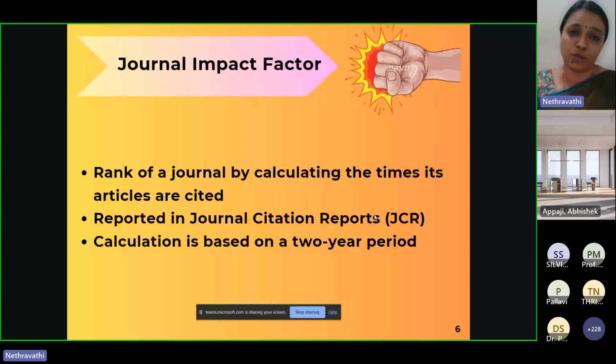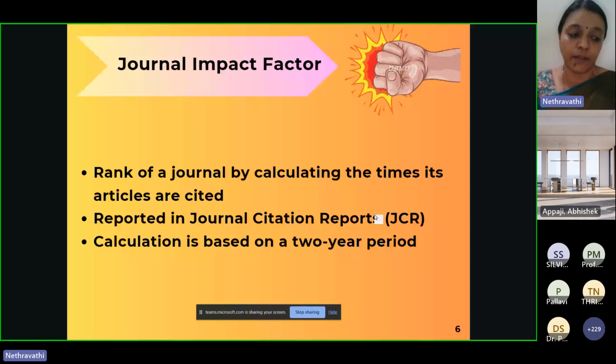Apart from that, if we want to find the journal impact factor for a lot of journals which have been reported over a year, it can be found in what is called the Journal Citation Reports. One important thing to note is that journal impact factor is calculated by Clarivate, that is Web of Science. So this rank holds good for Web of Science journals.